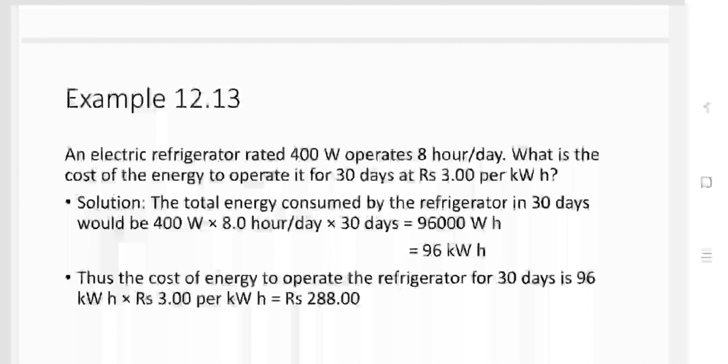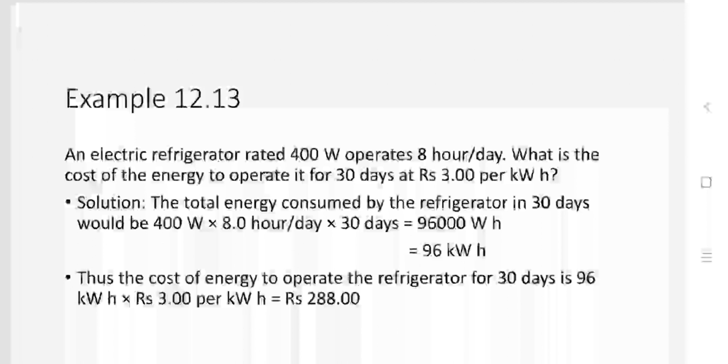For that, first we need to find the total energy consumed by the refrigerator in 30 days. That would be 400 watt into 8 hours per day into 30 days. So my total energy consumption is 96,000 watt hour or 96 kilowatt hour. That would be 96 units.